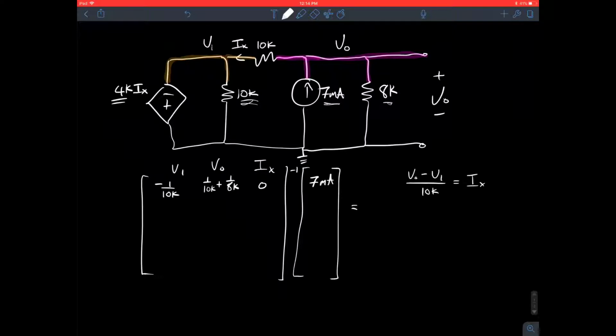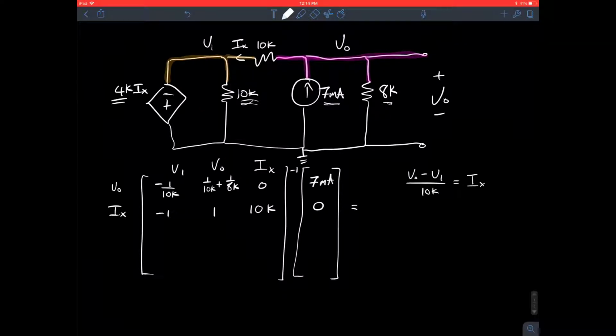So if you put that in a linear equation, then we can say that V0 is 1, V1 is negative 1, and IX is equal to 10K. Yeah? Alright, and there's no constants there.